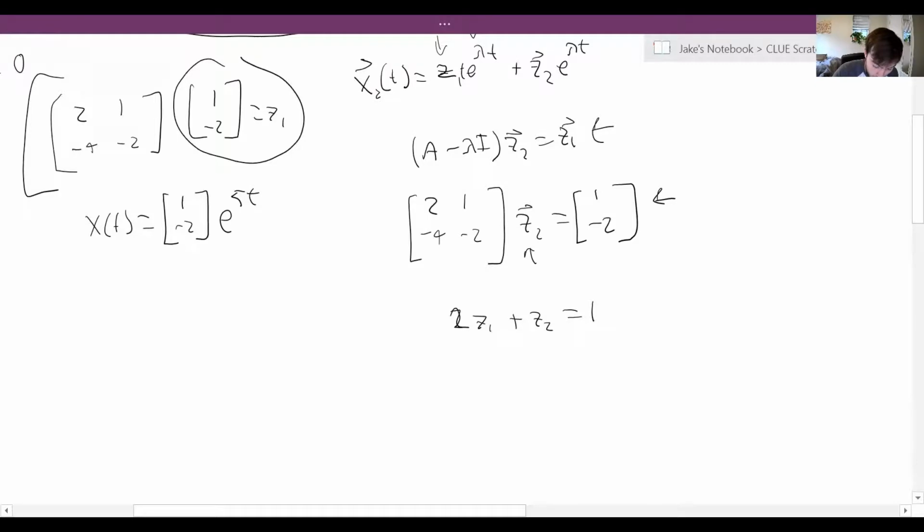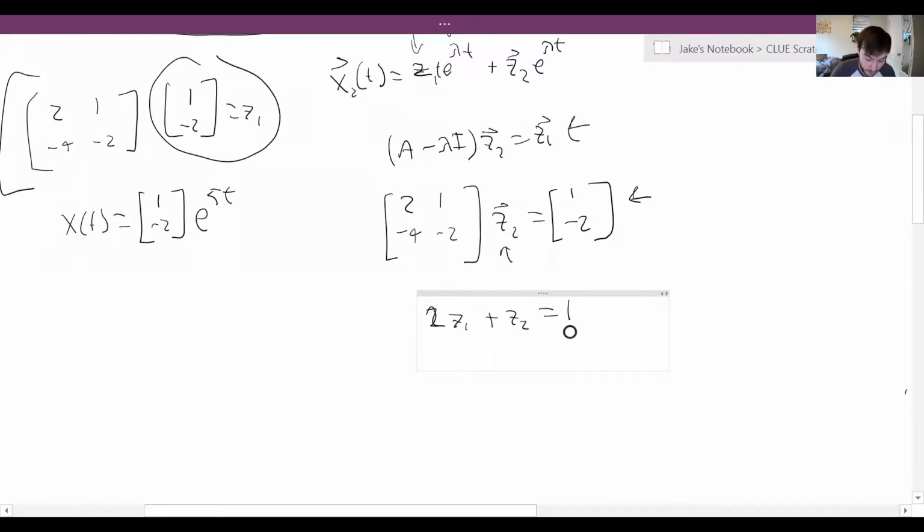And 4z1 plus, or I'm sorry, minus 2z2 equals negative 2. Do you see that these equations are the same equation? If you divide this one by negative 2, you get this one. So remember, that's what we're expecting. That's one of the byproducts of doing this eigenvalue calculation, it's related to the definition. So we can just focus on this one.